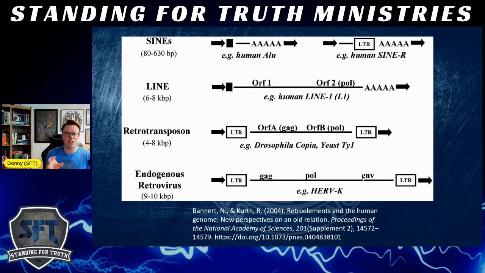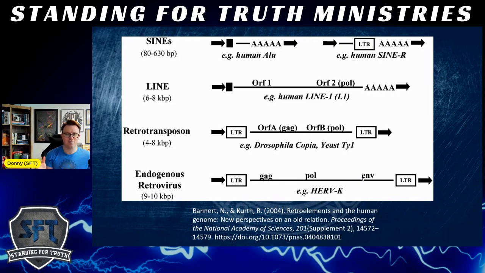And the evolutionists look to this as evidence for external infection. We hear it over and over again in these debates. What is the integrase for? What is the reverse transcriptase for? What are the gag, pol, and env components of the retrovirus used for?